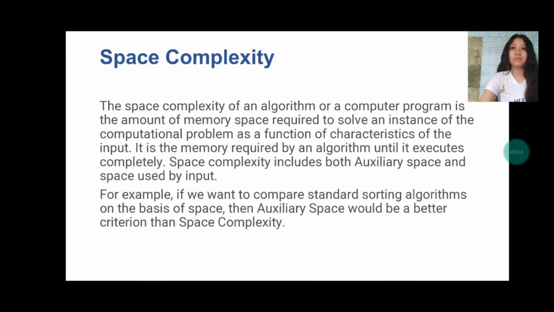Space complexity of an algorithm represents the amount of memory space needed by the algorithm in its life cycle. It refers to the total amount of memory space used by an algorithm, including the space of input values for execution, the space occupied by variables in an algorithm or program to determine space complexity.